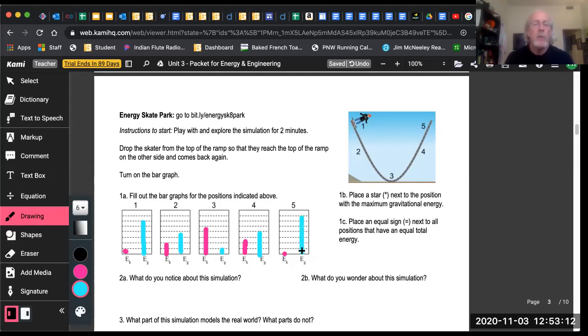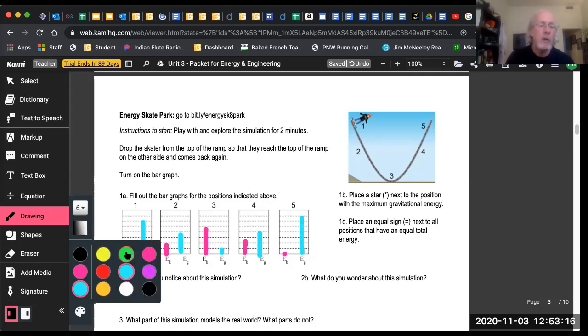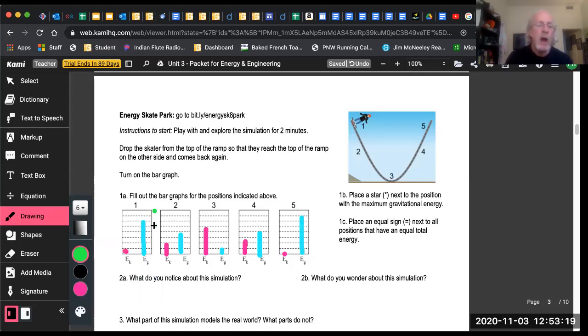If I look at the total energy, and I'm going to use green for total energy, I would probably have something like this, where the total energy is not changing. All I'm doing now is adding the two of them together.